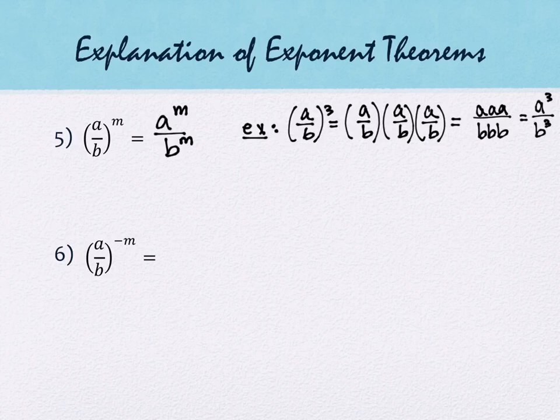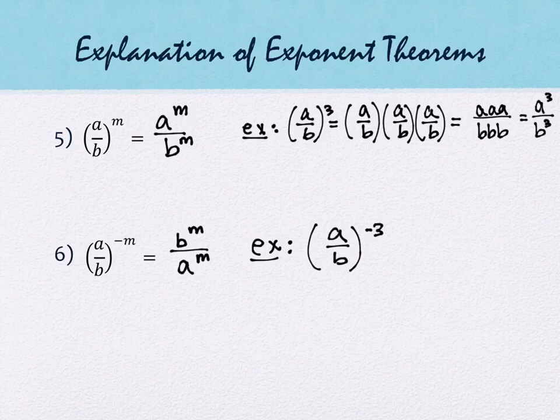And then our last one. It's supposed to flip the fraction and distribute the m. So we have b to the m over a to the m. And I'll use 3 again. We'll do it as a negative 3. So the first thing I'd like to do is to separate the negative and the 3 from one another. I can do that because negative 3 really means 3 times negative 1.